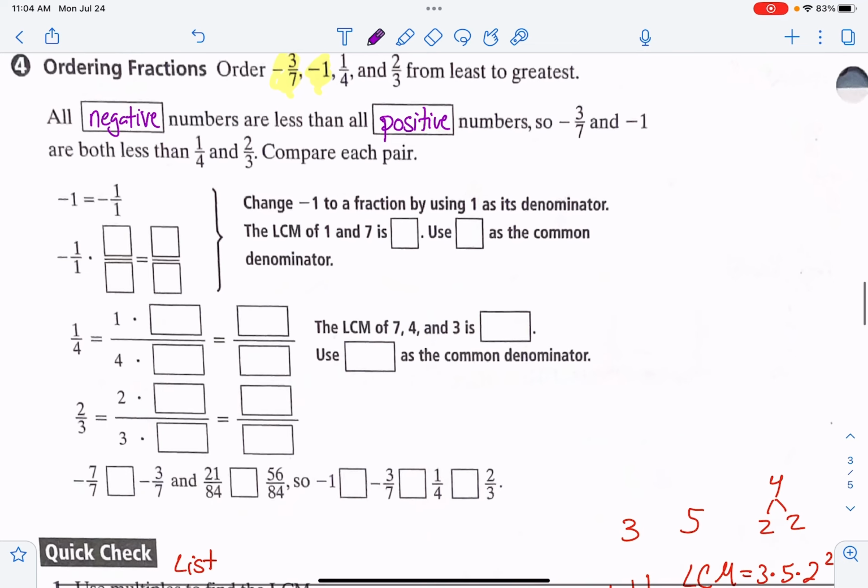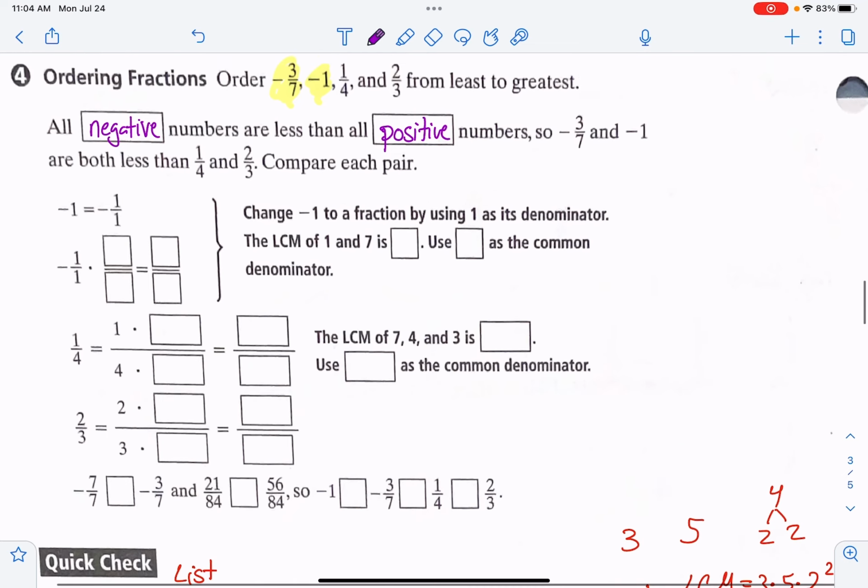So if we have -1 and we want to put it over 7 so that we can compare it to -3/7, we can really think of -1 as being -1/1, right? And if I multiply the top and bottom both by 7, I end up with -7/7. So we're comparing -3/7 and -7/7.